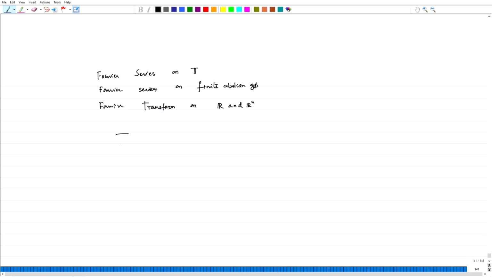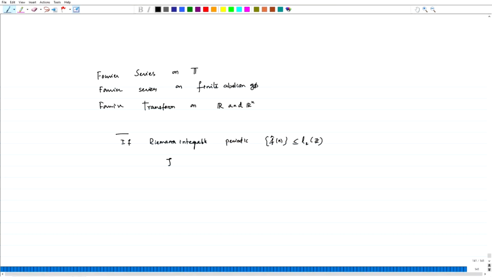Well, let us recall what we have seen: if f is Riemann integrable and periodic, then f hat of n, as a sequence, is in little l 2 of Z. But we have also seen that there is a sequence in little l 2 which is not the Fourier coefficient of a Riemann integrable function.